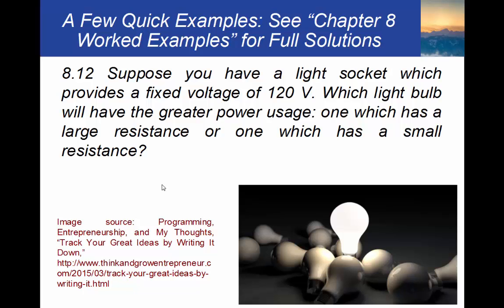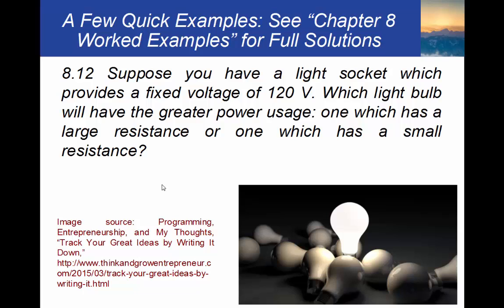This is almost more of a conceptual quiz than a problem, but one way is to figure out how much power is being used by, let's say, a 60 watt bulb, figure out what internal resistance that has, and then do the same thing for a 120 watt bulb.